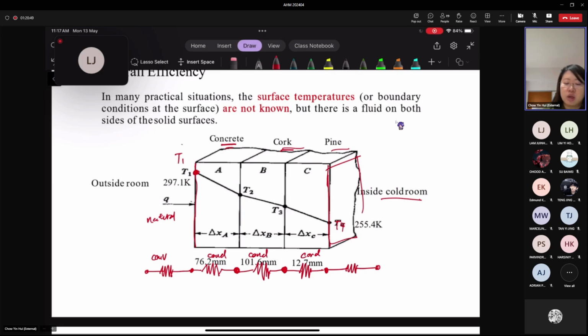If we are going to draw the temperature profile for these 3 layers, it depends on the k, and it's a linear curve for each layer. But for convection, the temperature profile looks like this. There's a temperature drop.